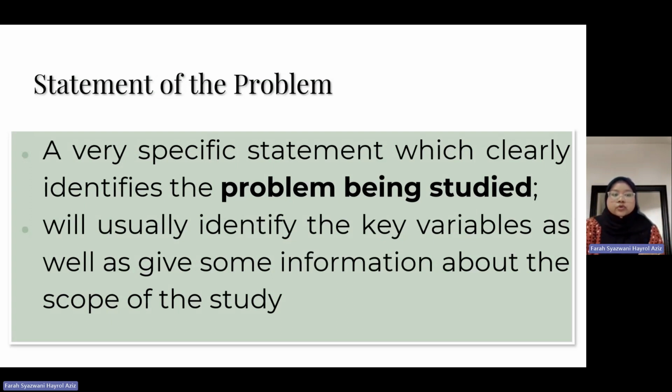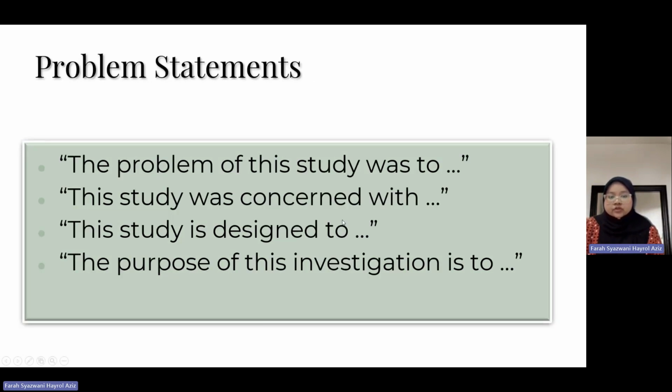Again, a problem statement, or statement of the problem, is a very specific statement which clearly identifies the problem being studied. It will usually identify the key variables as well as give some information about the scope of the study. This is how you write your problem statement.